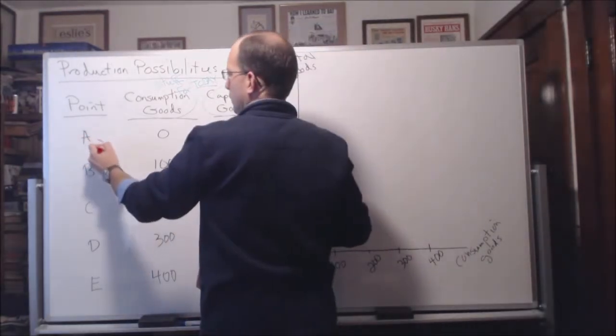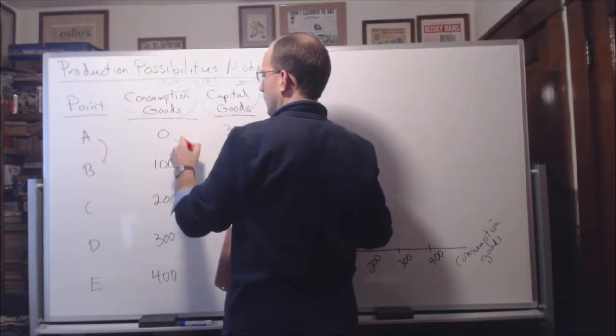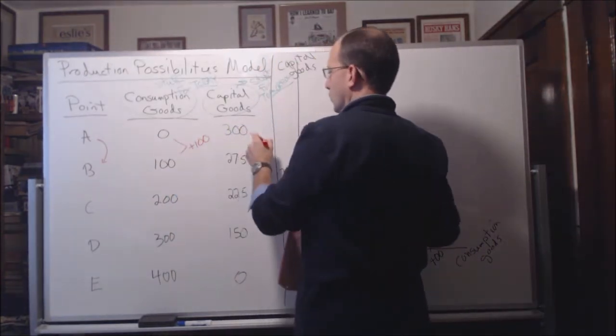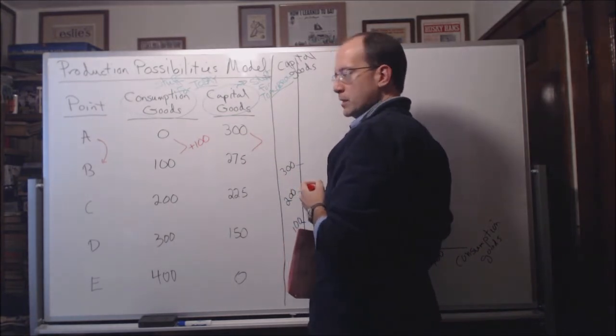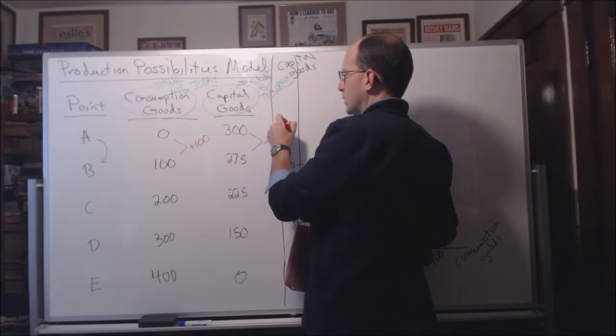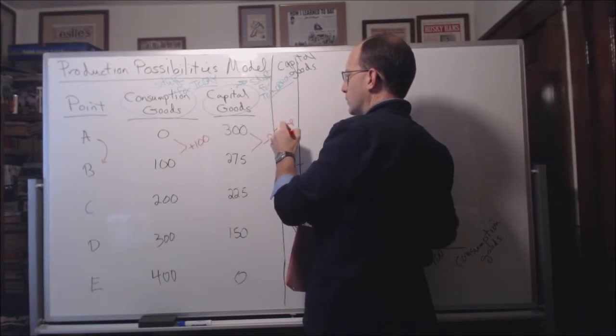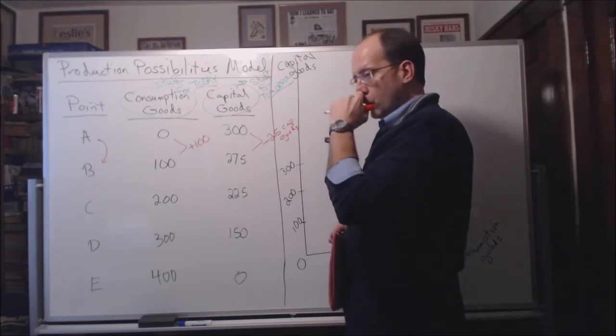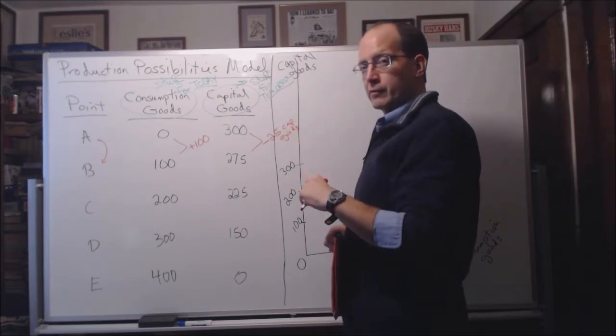So if you go from A to B and produce 100 more consumption goods, what's the opportunity cost, the opportunity lost? Well, 25 fewer capital goods, right? So minus 25. So there's the opportunity cost. Produce 100 more of consumption, lose 25 of capital.